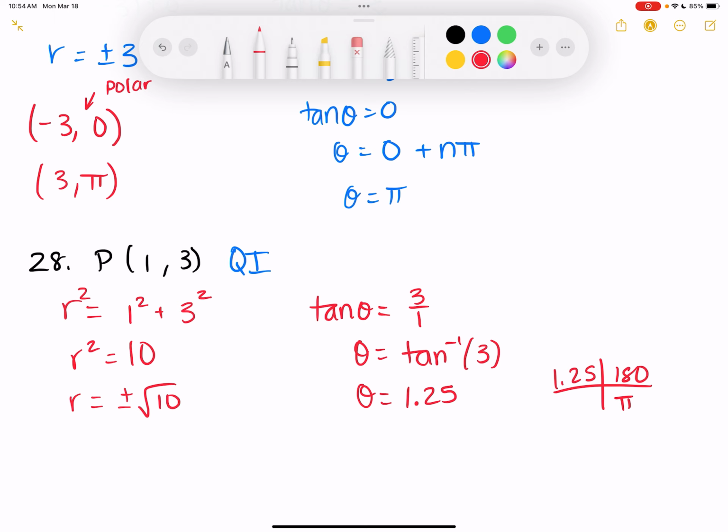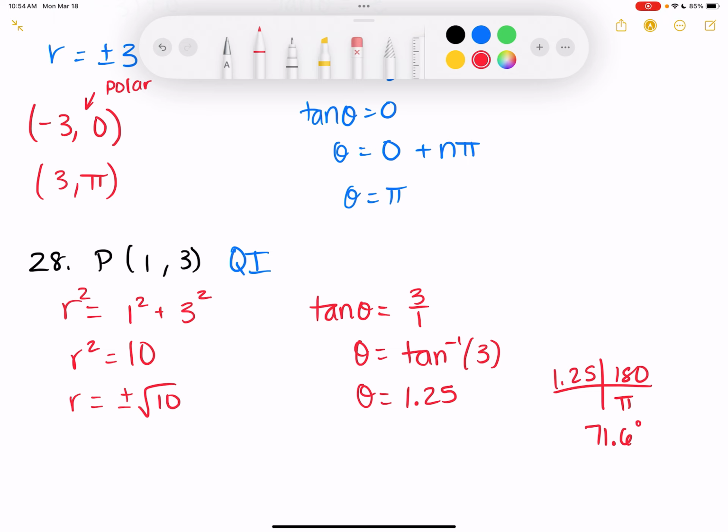Because I need to be able to think about where that angle is, and 1.25 doesn't tell me anything about where that angle is. Okay, so 71.6 degrees, so that would be where? Quadrant 1.